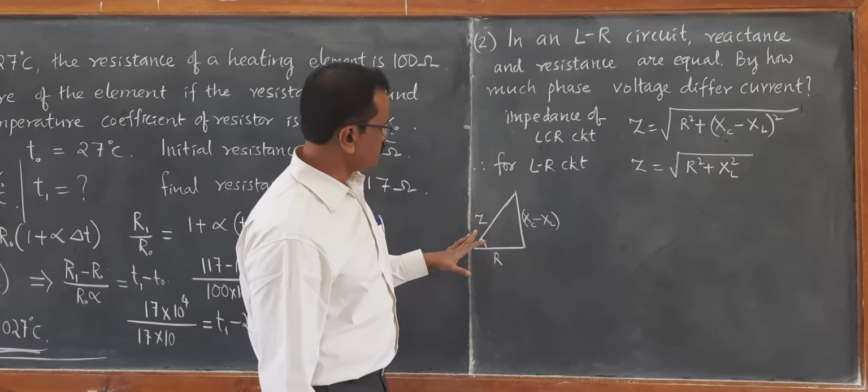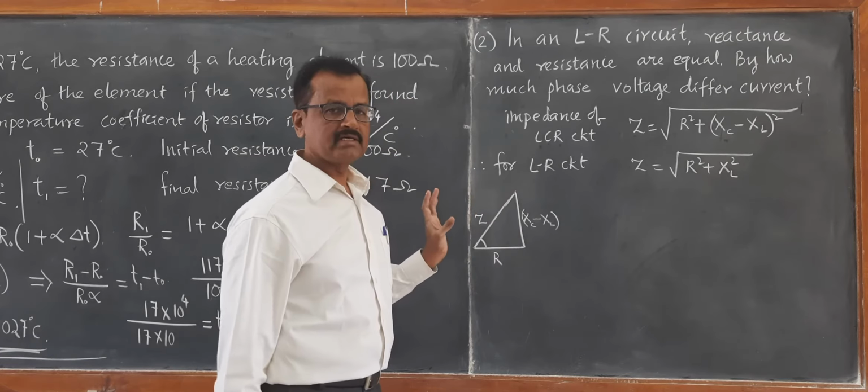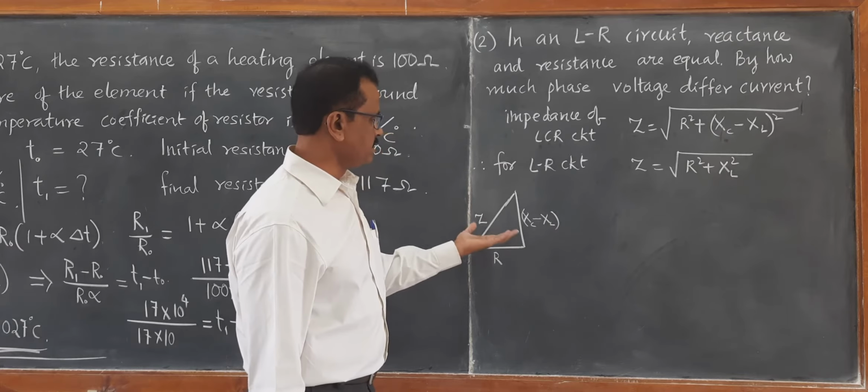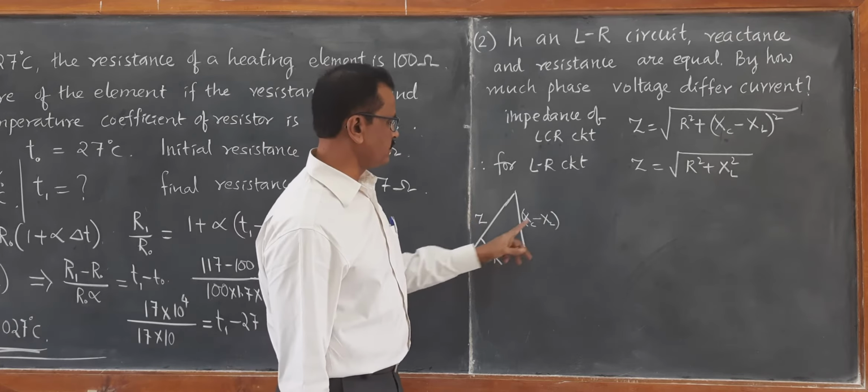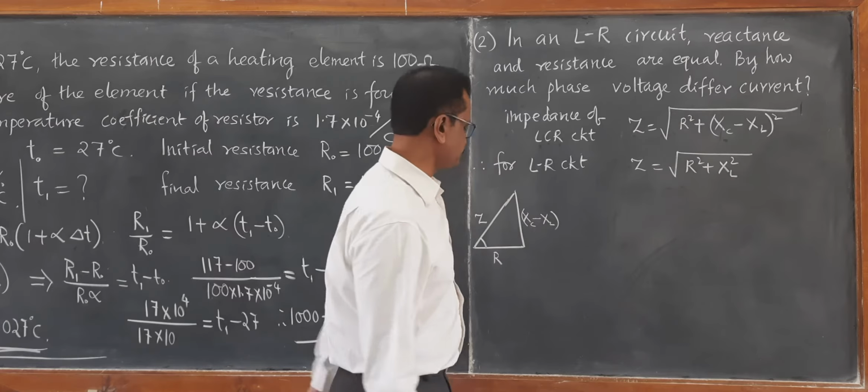Z square is equal to R square plus XC minus XL whole square. Now when there is no XC, you will get R square plus XL square.